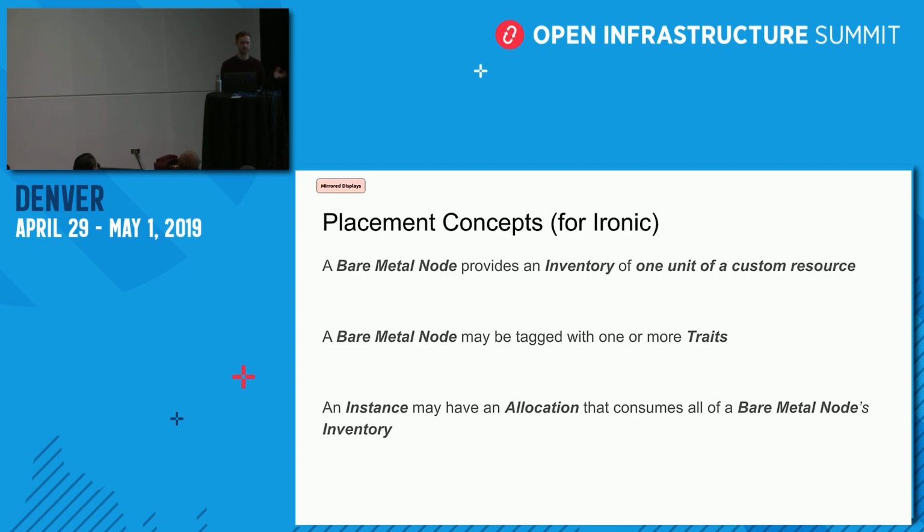So our resource provider in this case is a bare metal node, and the node provides an inventory of exactly 1 unit of a custom resource. The bare metal node can be tagged with 1 or more traits, and an instance consumer may have an allocation that consumes all of a bare metal node's inventory. There's only 1 of them, so you either have it or you don't.